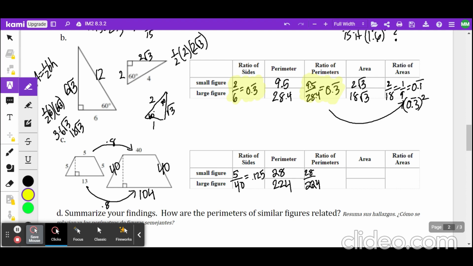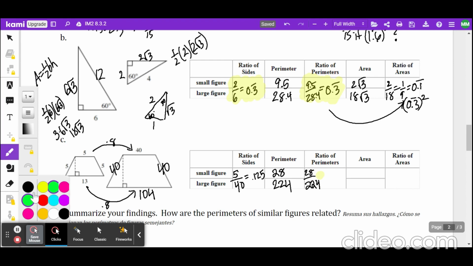No, sorry. 28 divided by 224, okay, it's the same thing. You'll have to trust me because that calculator is being a pain. This is the same as 0.125.